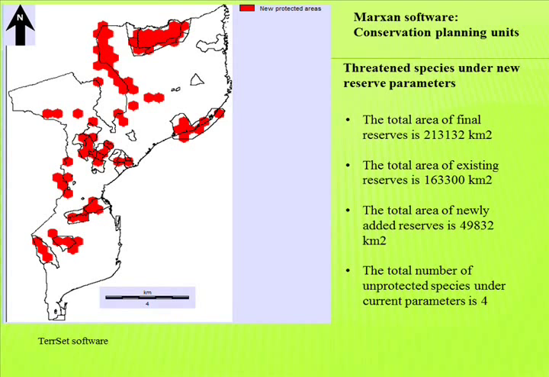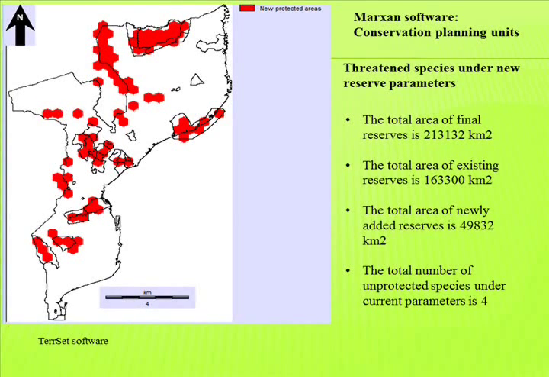For the new reserve parameters, the conservation planning units generate the total area of final reserves to be 247,866 kilometers squared. The total area of existing reserves is 163,300 kilometers squared. The total area of newly added reserves is 84,566 kilometers squared.